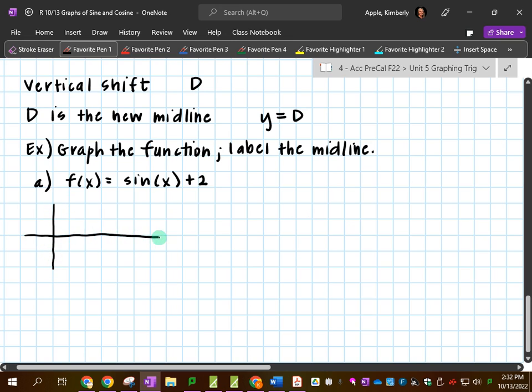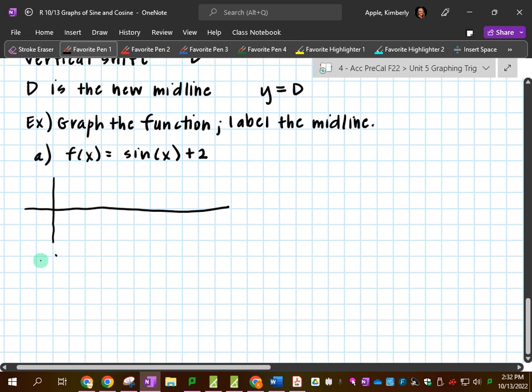If I'm gonna move this up by 2, I should probably leave a considerable amount of room at the top, just thinking a couple of steps ahead. So this will be 1. I'm not changing anything horizontally, so I'm pretty safe just to label it like I've been labeling it. This will be x. This will be sine x.